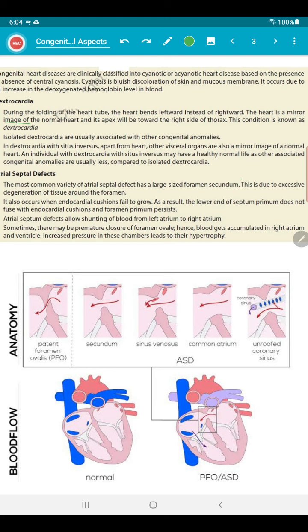So we know foramen secundum type, foramen primum type, sinus venosus type, and persisting foramen ovale type, four types. Atrial septal defect allows shunting of blood from left to right atrium. Sometimes there may be a premature closure of foramen ovale, hence blood gets accumulated in the right atrium and ventricle. Increased pressure in these chambers leads to their hypertrophy. Remember this also.